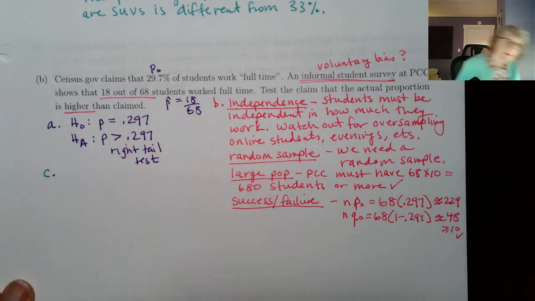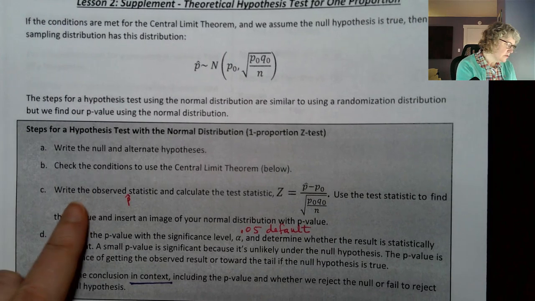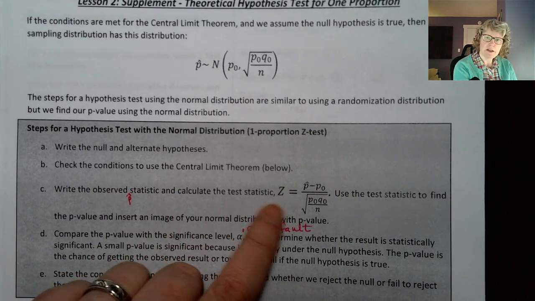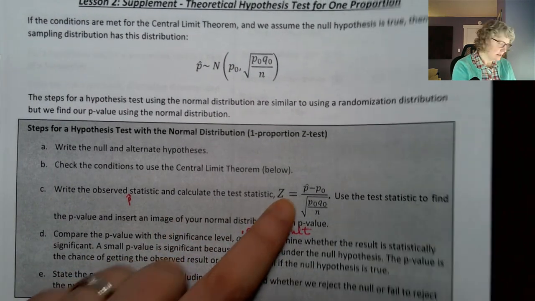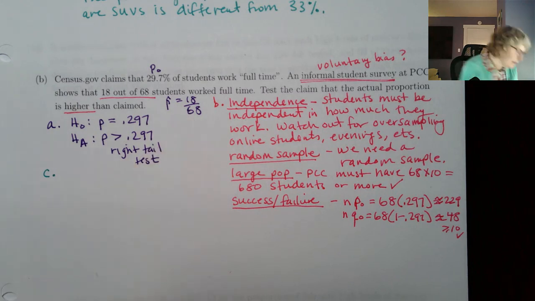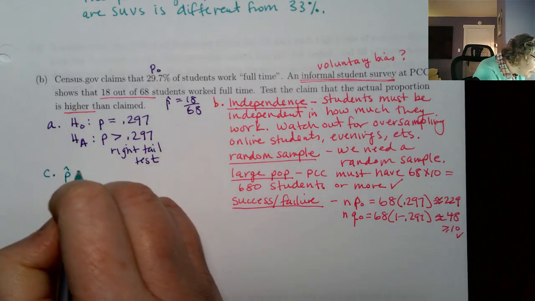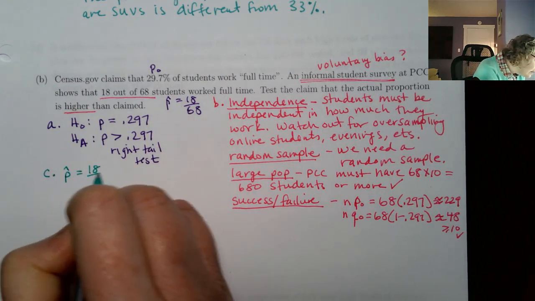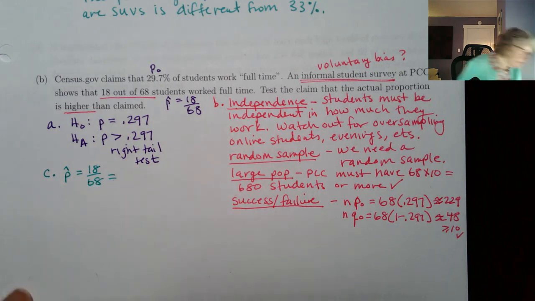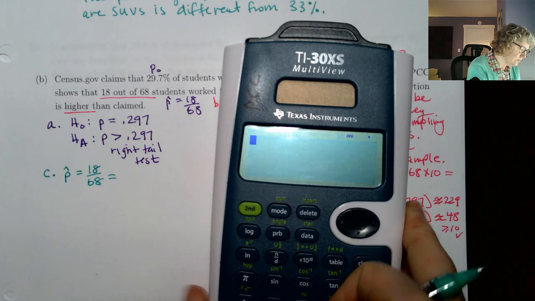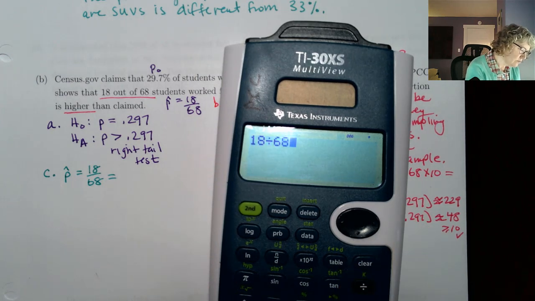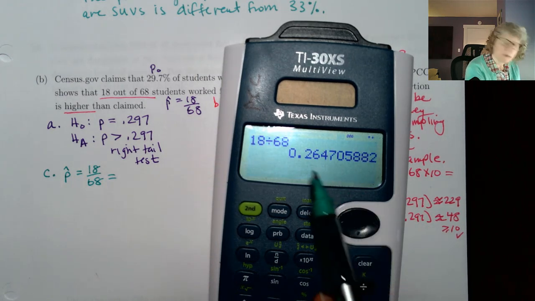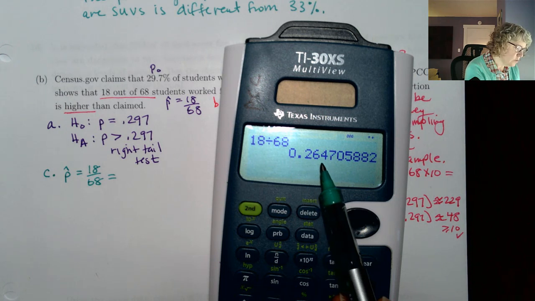Anyway, and letter C is write the observed statistic and calculate our test statistic Z. Okay, so p hat, I already wrote it there, but I need to divide it. 18 out of 68, which is 0.2647.